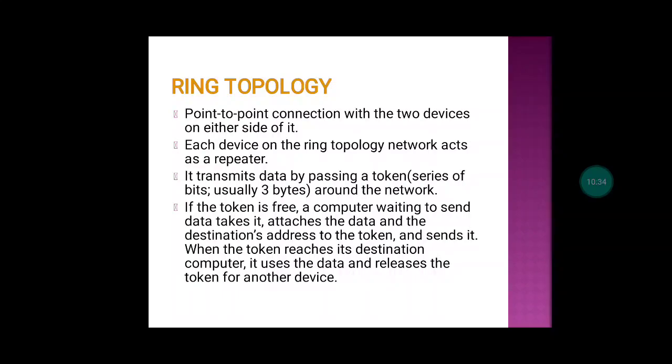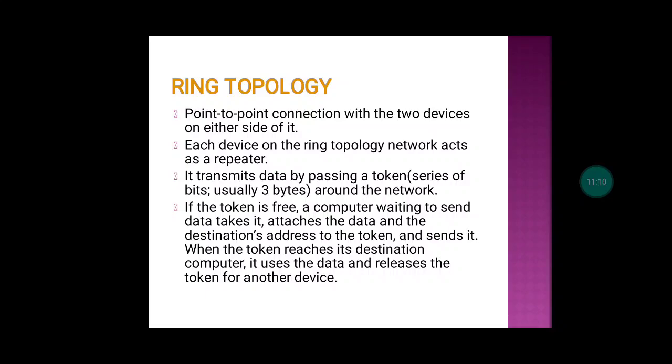So in such an arrangement, we are using a token system wherein if one station needs to send data to some other station, then that token is used. That ensures that the cable is busy sending the message for some station, and so the other stations cannot send a message at that particular time. So one station will be using that token and transmitting, and the token contains the sender's address and the receiver's address.